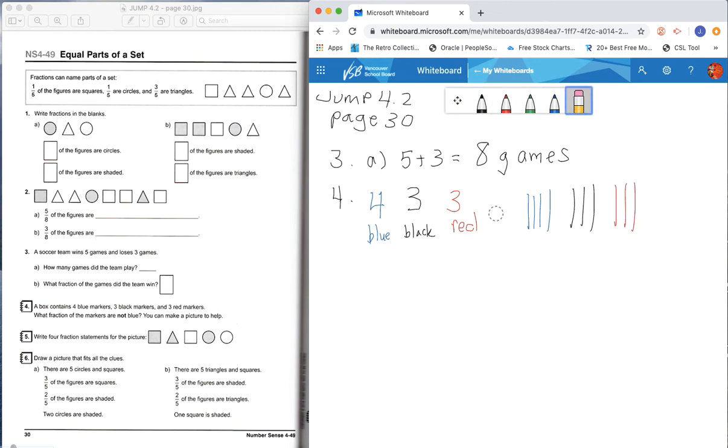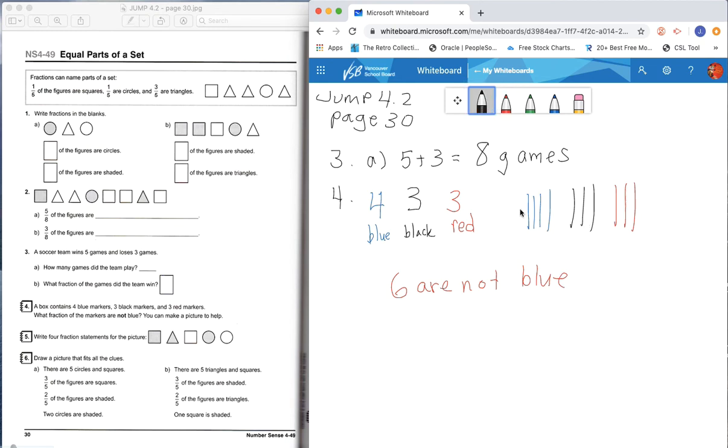Okay. So what was the question? Not blue. Okay. So count how many are not blue. 1, 2, 3, 4, 5, 6. So 6 are not blue, but they want you to write the fraction. So how many are there in total?